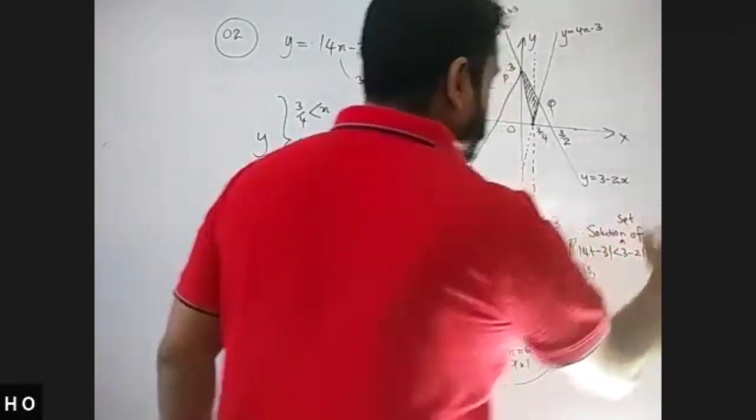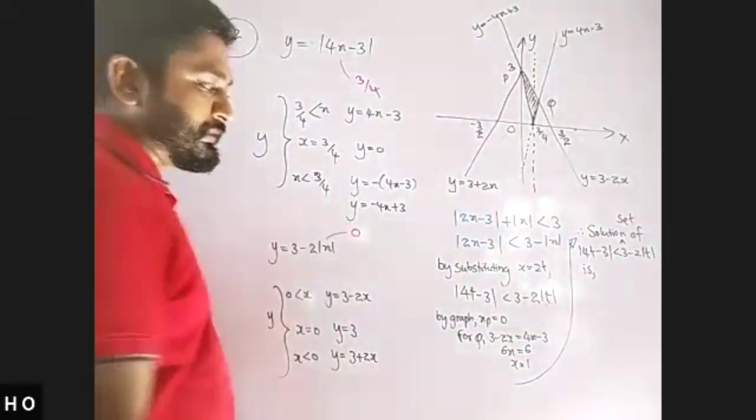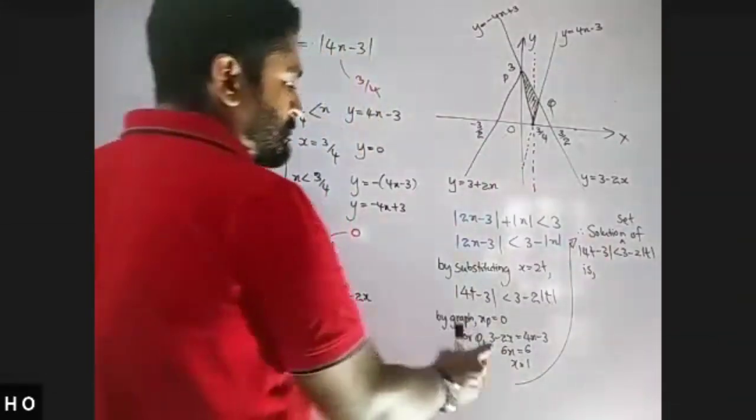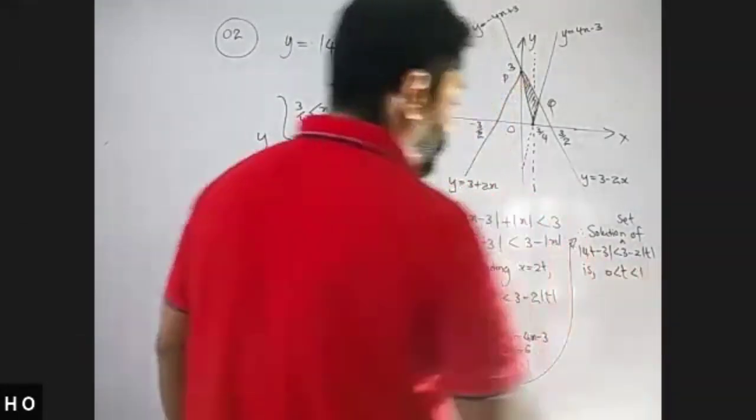What is the solution set? Matching with the x values, for this it is between 0 and 1. So t is between 0 and 1.